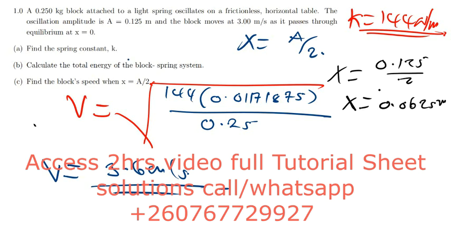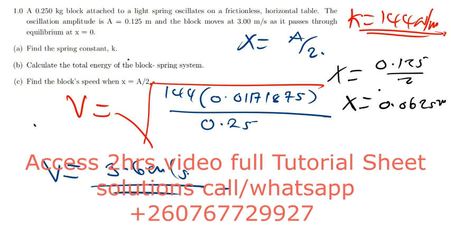I don't know if maybe my calculator is just having some issues. Okay, let me redo it. I'm saying 144 times 0.01171875, then I divide by 0.25. I'm getting 6.25.